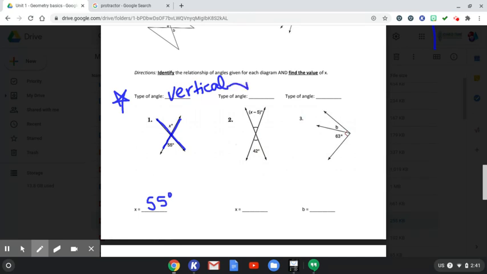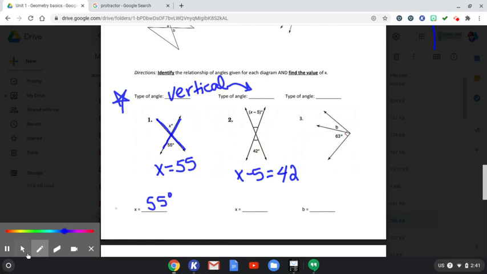Those are also vertical, but we need to find the value of X. So knowing that they're equal, think about it as X equals 55. For number 2, the angle represented by something minus 5 equals 42. So you can solve for x as a little equation there. Number 3 should be pretty self-explanatory.